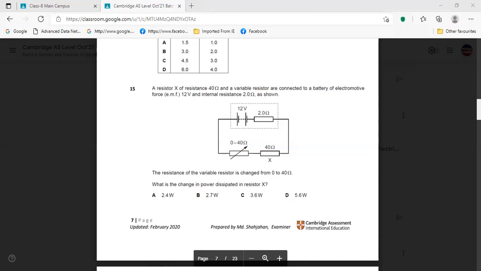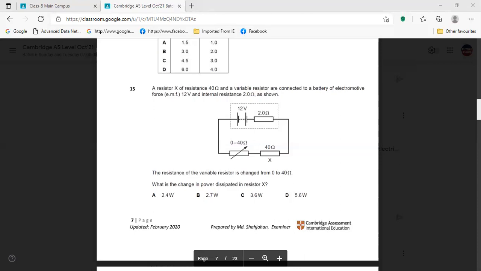How many resistors? 3 resistors. So at the first condition, what is the power dissipated through X? You calculate it. What is the formula of power dissipation?